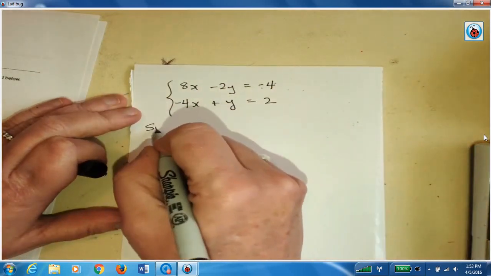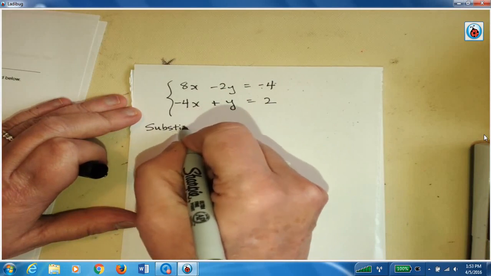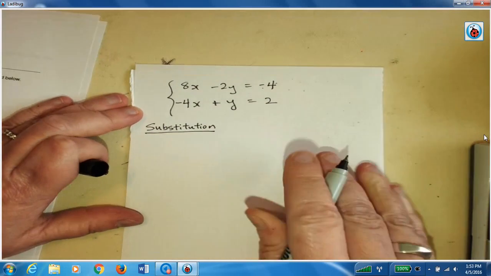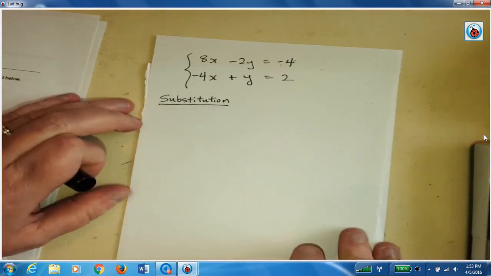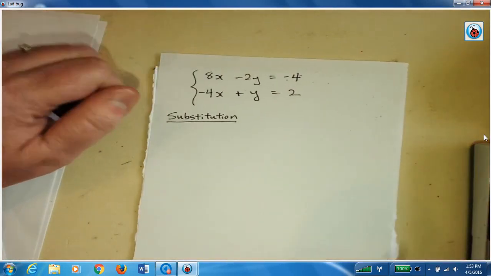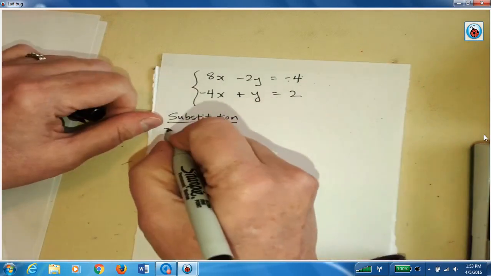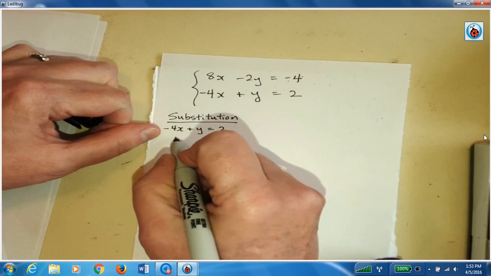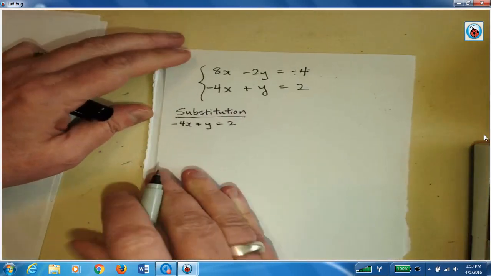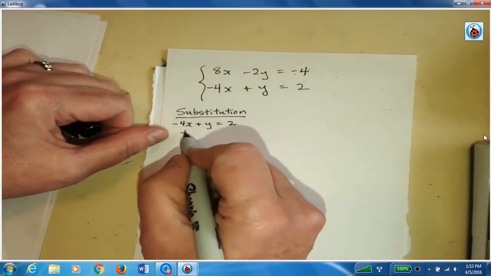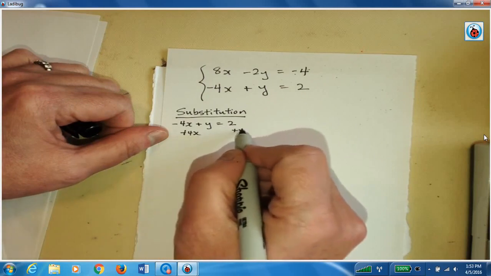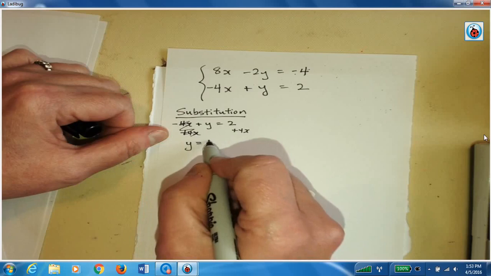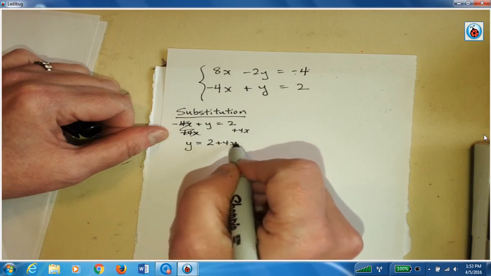Okay, if I want to use substitution, and it's up to you to decide which method you want to use, I can see that the second equation is pretty easy to rewrite and get one letter by itself. So what I'm going to do is I'm going to add 4x to both sides. So that will give me y equals 2 plus 4x.